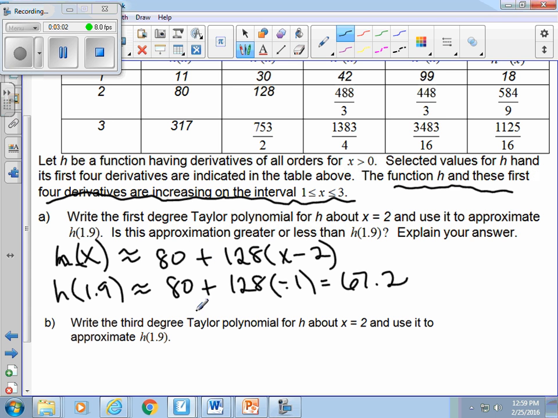But h prime is increasing. Therefore, h double prime is greater than 0. Concave up.